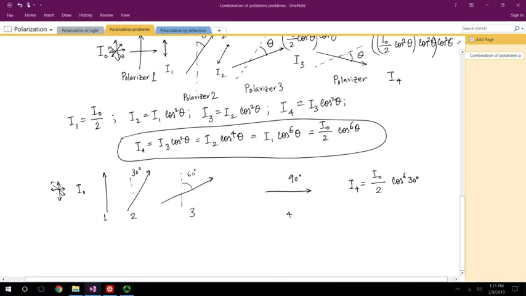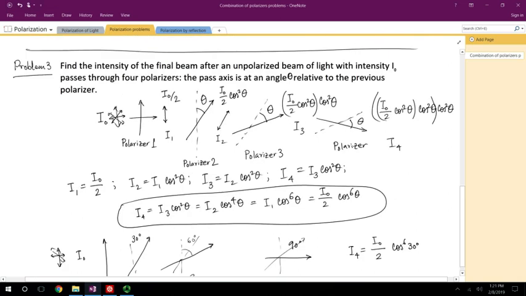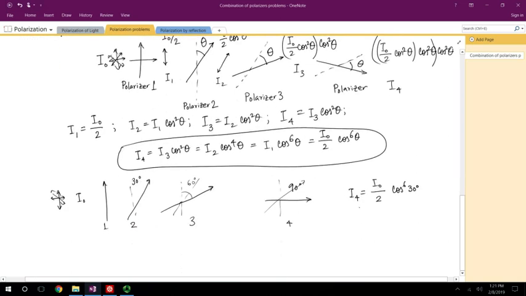It's just 30 for the first one, another 30 for the second one, and then another 30 for the third one. So our result is simply an application of the problem that we just did before. And so we should get I4 equals I naught over 2 times cosine 30 degrees raised to the power 6.